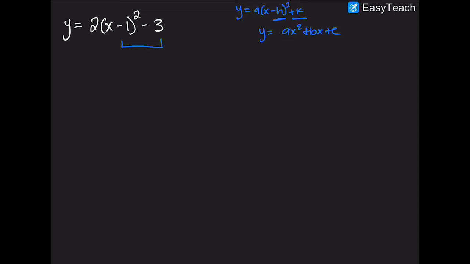So in this case, our h is -1, we're going to take +1 instead. We're not going to use the -1. So our vertex is going to be 1 and -3, not -1 and -3. We take the opposite sign.